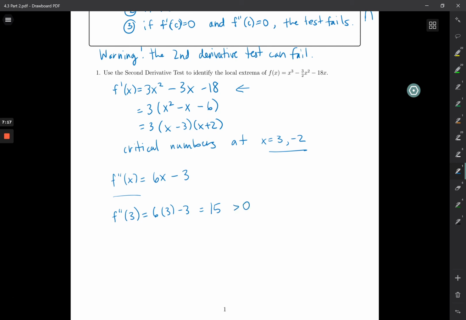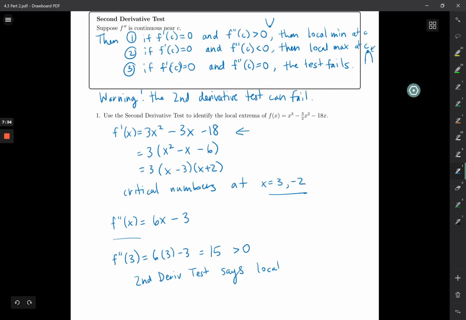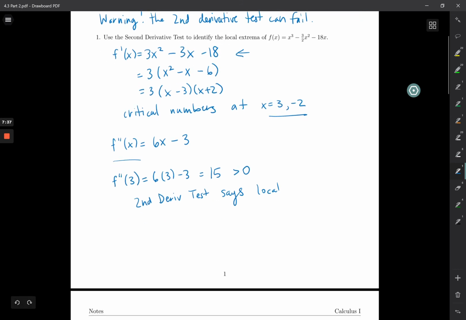And so the second derivative test says that we get a local min at x equals 3.